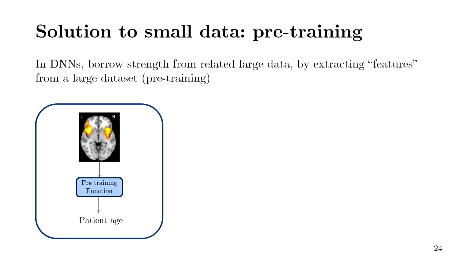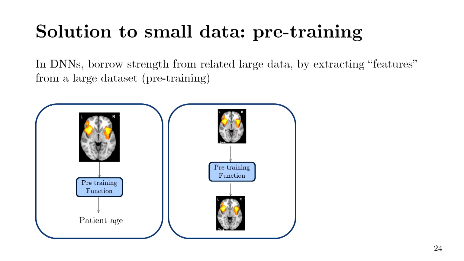But a lot of times these large data sets don't even have any labels. So what you can do here is learn to reconstruct the image. If I just have fMRIs, I can learn a function that reconstructs the fMRI image again. The hope here is that my pre-training function will learn something about the patterns that exist in a human brain that will then be useful for my problem.